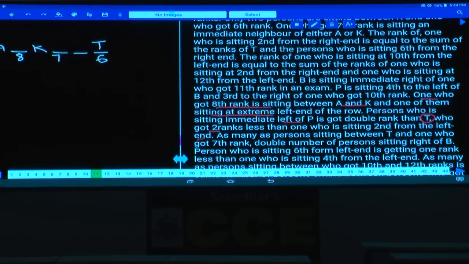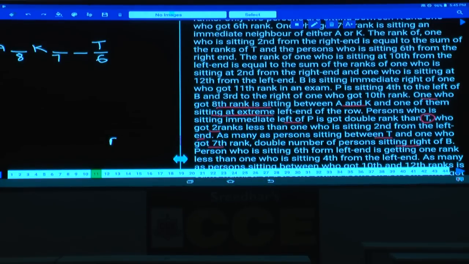Are you following this one or not? As of now we are able to finalize this one as well. Then as many persons between T and the one who got 7th rank, double the number of persons seated to the right of B. Now, in between the 7th ranker and T, how many persons are there? There is exactly 1 person. And to the right hand side of this B, how many persons should be there? 2 persons, isn't it?